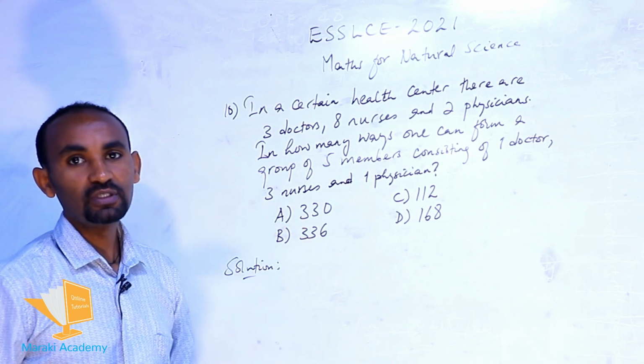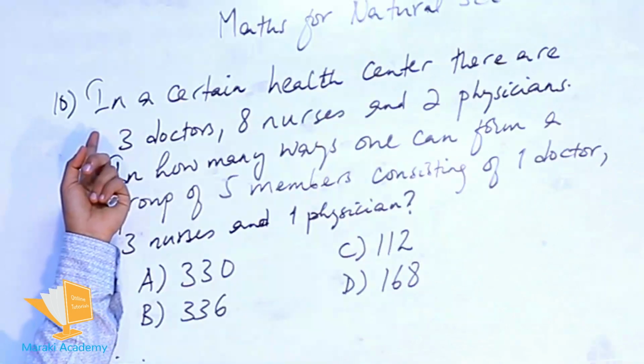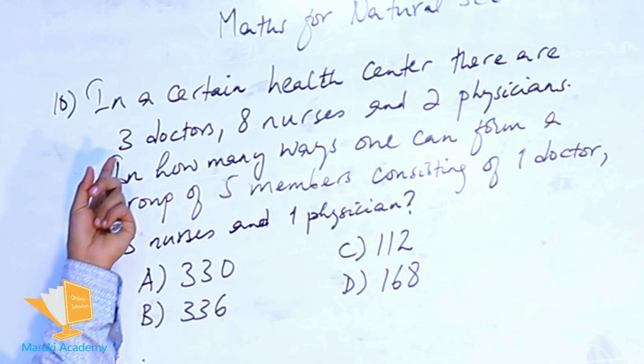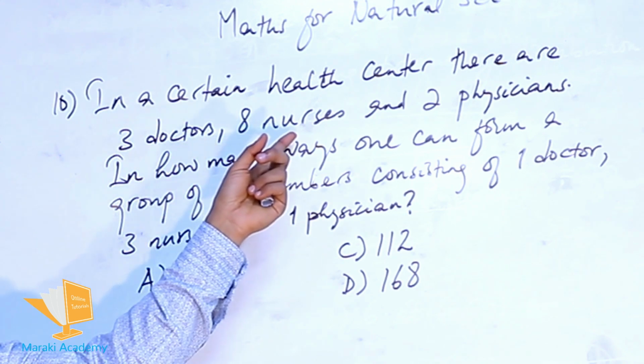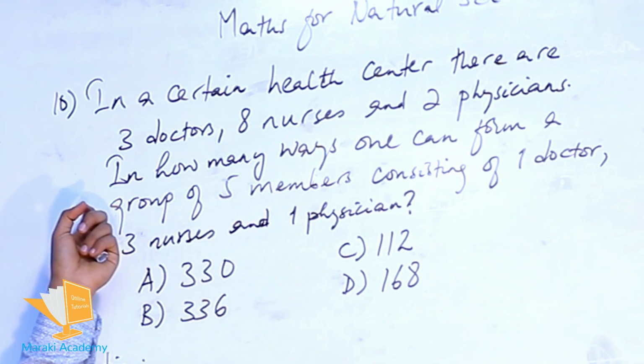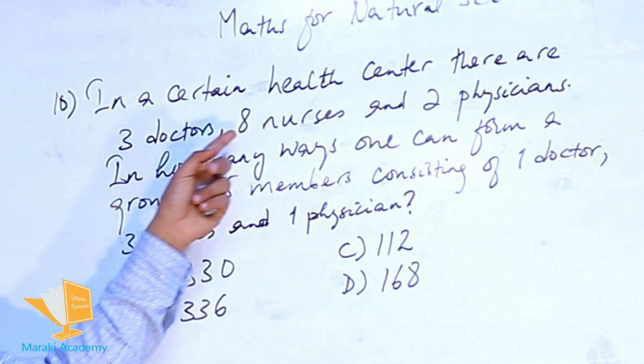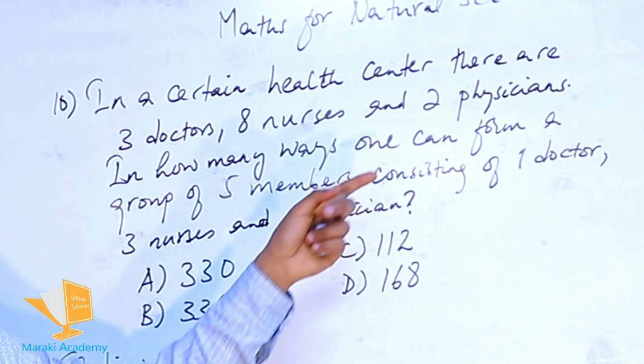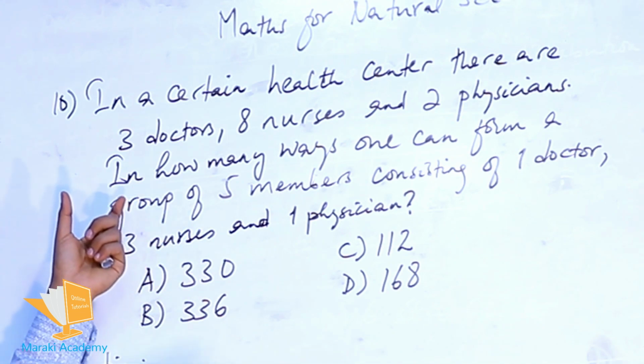Okay, so the next question. In a certain health center there are 3 doctors, 8 nurses and 2 physicians. A total of 3 plus 8 is 11, plus 2, 13 members.